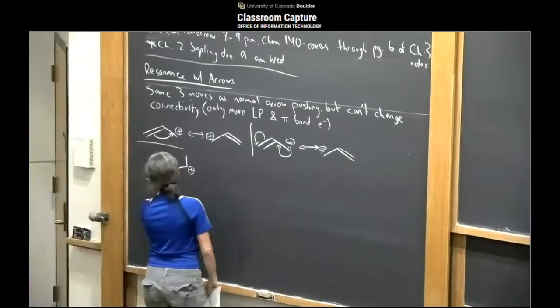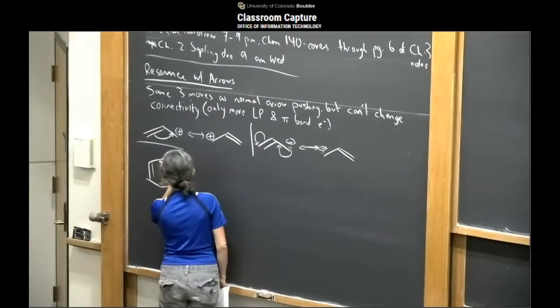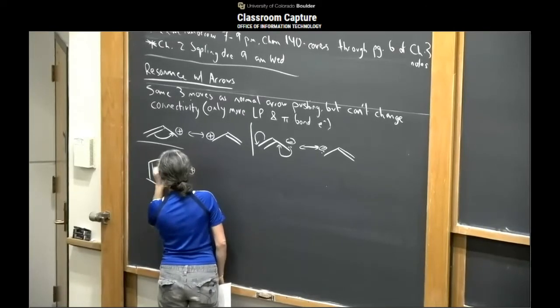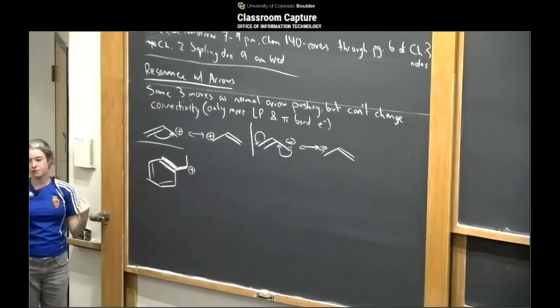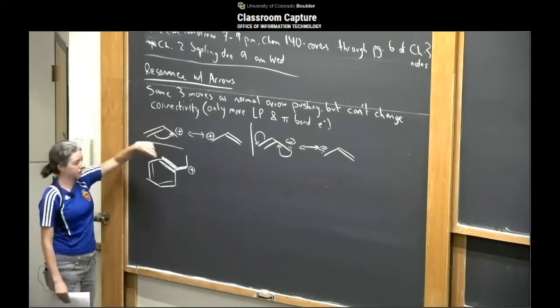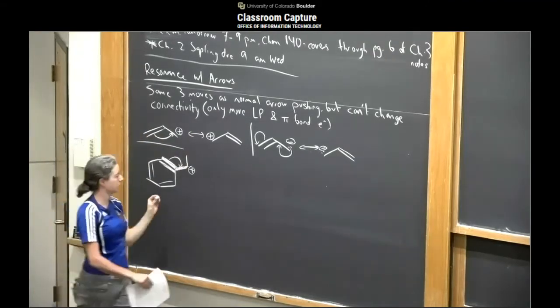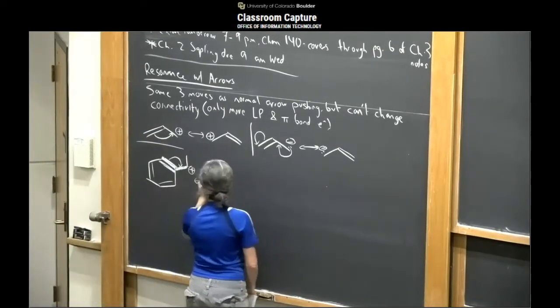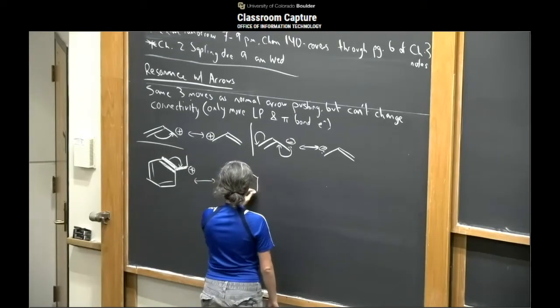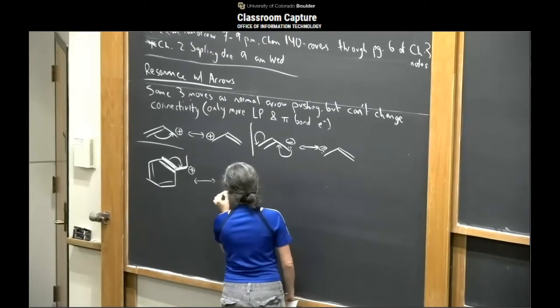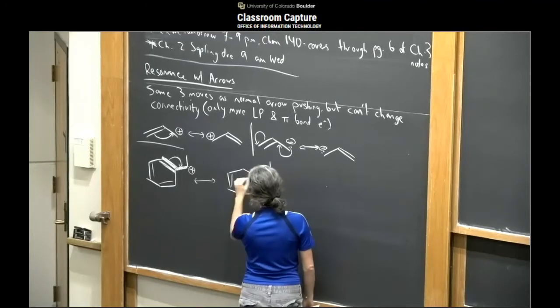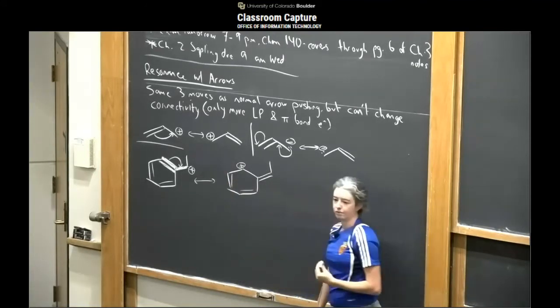I'm going to shade this in here. All right, there's our 3-atom subunit for this form. We can do the same arrow pushing we did up here, hop those electrons over to the positive charge, and we get another resonance form out of it, where everything else is unchanged, but we've flipped which end is which of that 3-atom subunit.